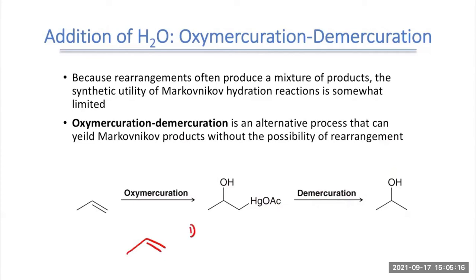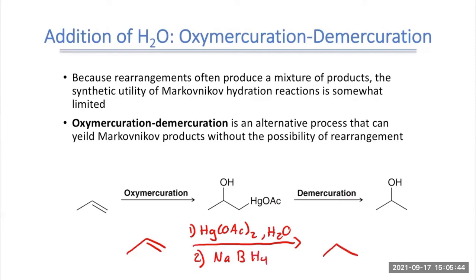Step one, we have our mercury acetate and water. And then step two, that demercuration, we use sodium borohydride to remove the mercury group. And that yields us our alcohol.